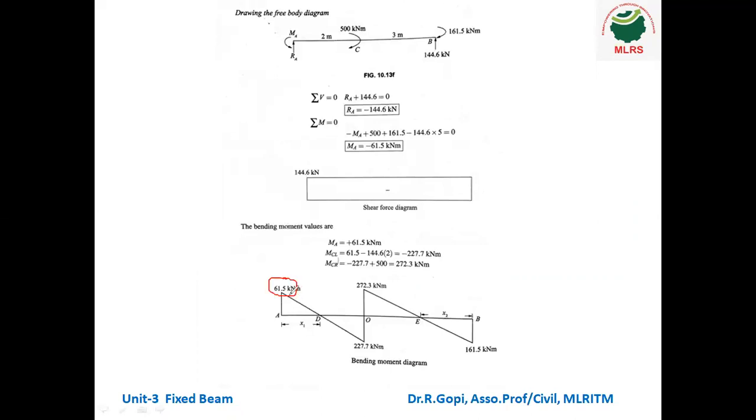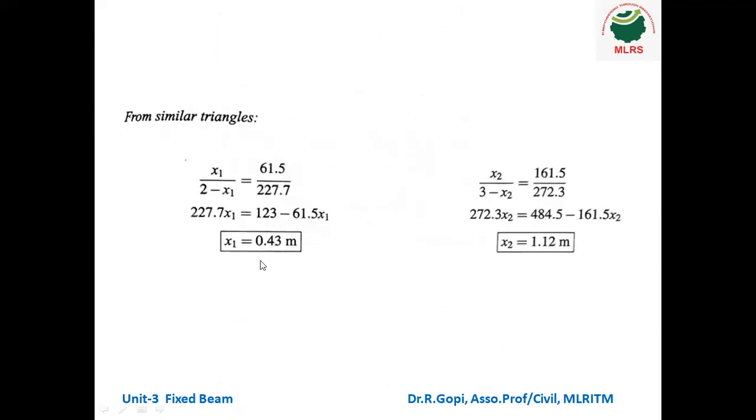For x1 it is 61.5, for 2 minus x1 it is 227.7. From this we can easily calculate the x1 value, which is the point of contraflexion in the bending moment diagram. It is 0.43.